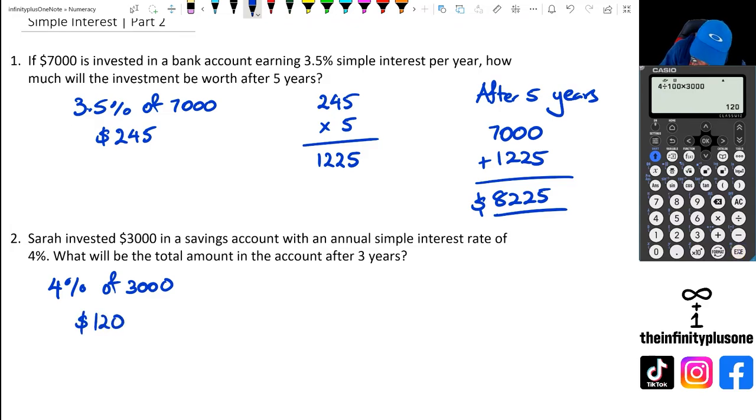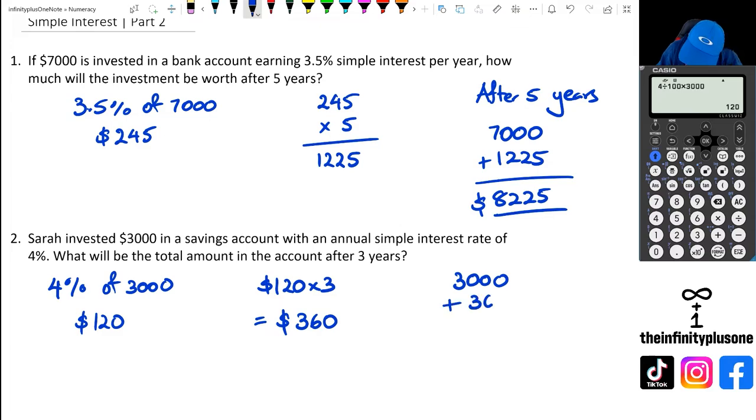And of course, this is being done for 3 years, so I'm going to do 120 times 3, which equals $360. And then finally, I'm going to add $3,000 plus the $360, which is going to give me $3,360. Now that's what the total amount is after 3 years.